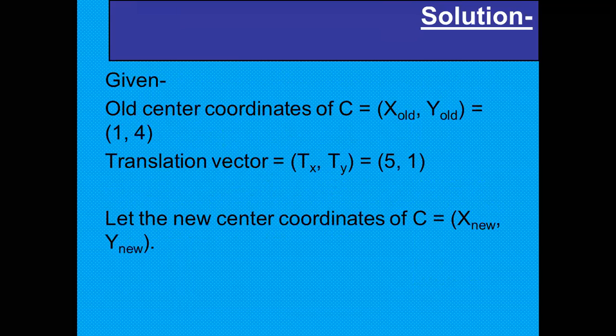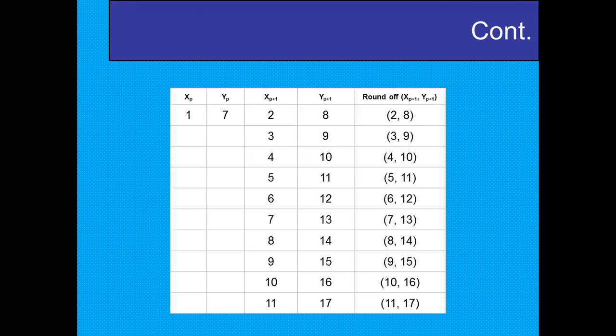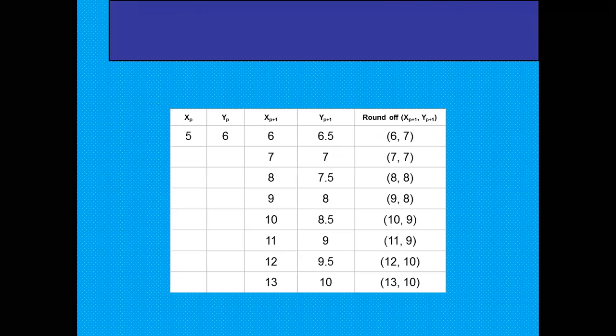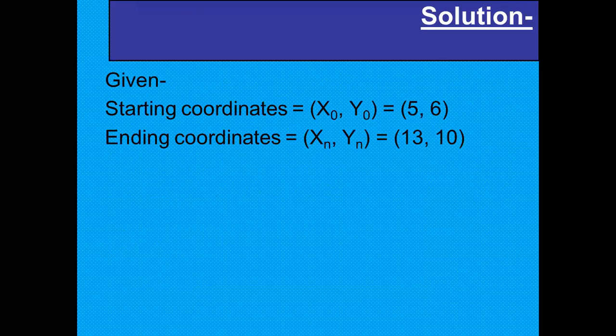Now I am leaving this here because the next problem is based on unit number 3, that is 2D and 3D computer graphics. So try to solve only these numericals. I am changing only the coordinates again and again, and so far you have already studied all the methods.